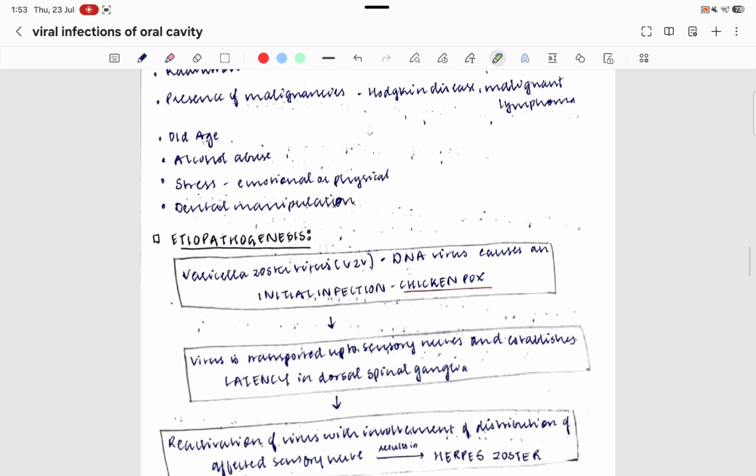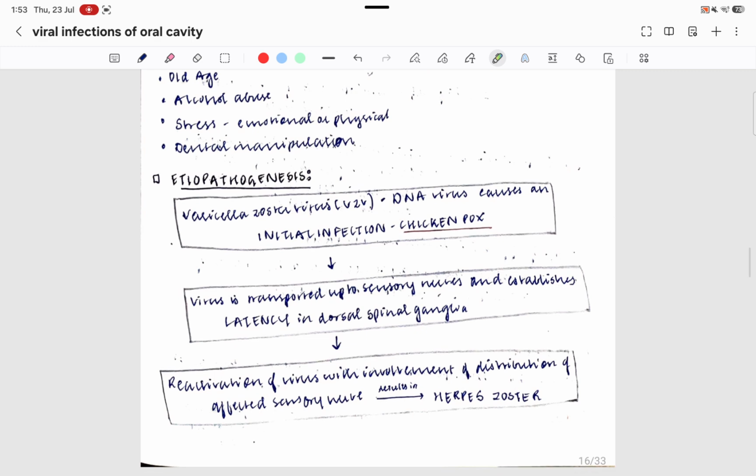Simple traumas could also be a predisposing factor. Coming to the etiopathogenesis: Varicella-Zoster virus, VZV, is the virus that enters the DNA and causes an initial infection. This pathogenesis is very similar to HSV.